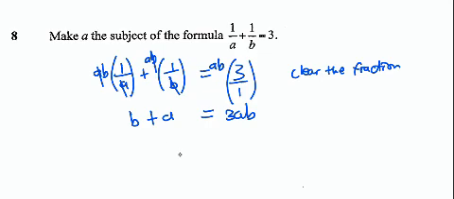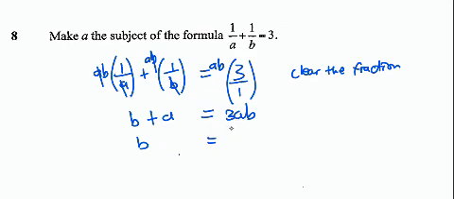3ab. We want to make a the subject. So you make sure you put everything with a on one side. Here we have b, and let's take a to the other side because we have a here.